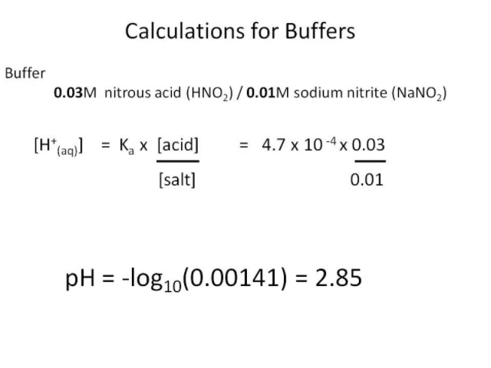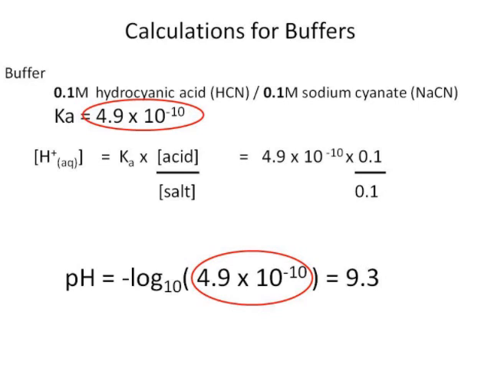It should be clear, but I want to explain it in a more detailed way to you, that if we have the same concentration of acid and salt of acid, then the pH of the solution is equal to the acidity constant. I'll show that in an example. We're looking at hydrocyanic acid and the salt of that acid, sodium cyanide.